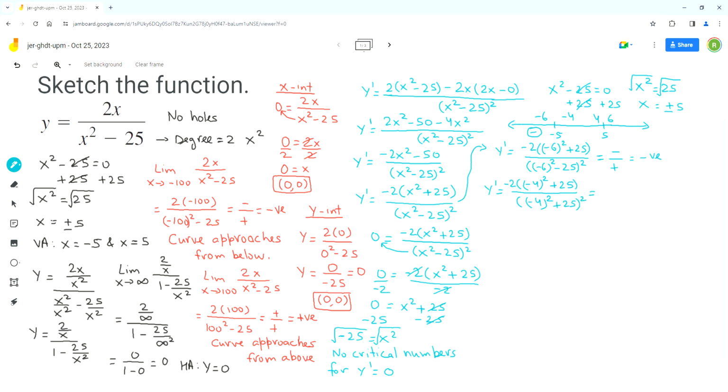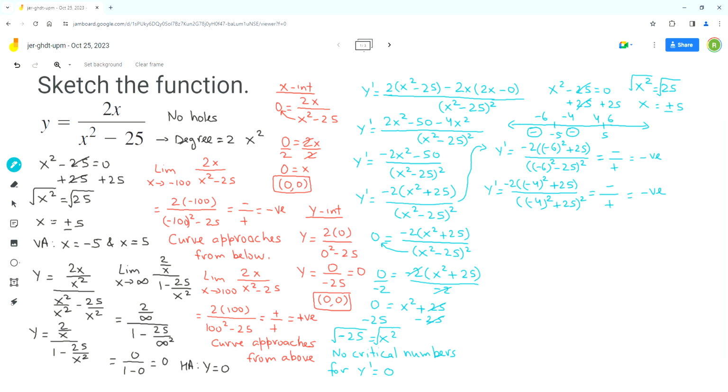So in this case, the expression in the parentheses in the numerator will be a positive value, and -2 times a positive value will give us a negative result in the numerator, and we'll get a positive result in the denominator, so the overall value will be negative. That means the function is decreasing on the right side of -5.